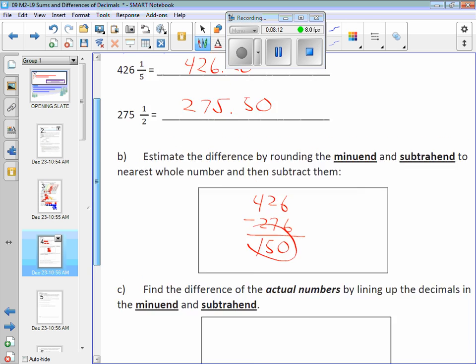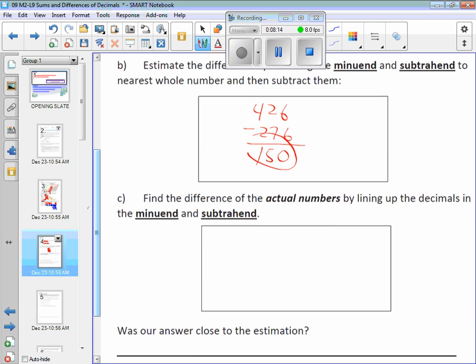So now we take the actual numbers and we subtract them. 426.20. That's your minuend. And you're subtracting 275.50, which is a subtrahend. And just be careful when you borrow. Make sure you remember your borrowing principles.